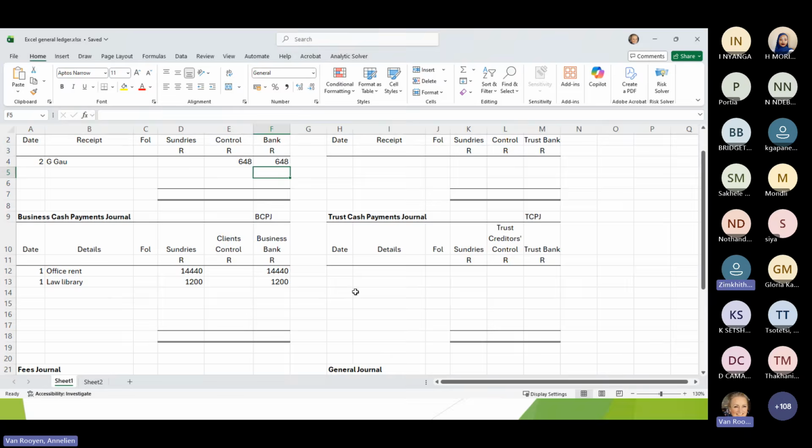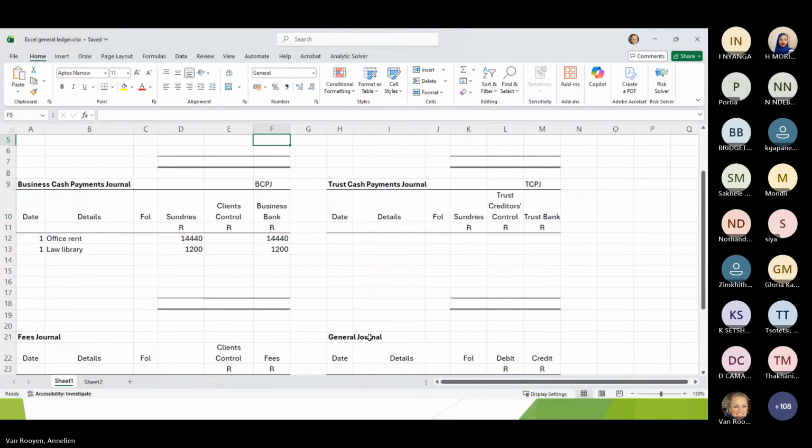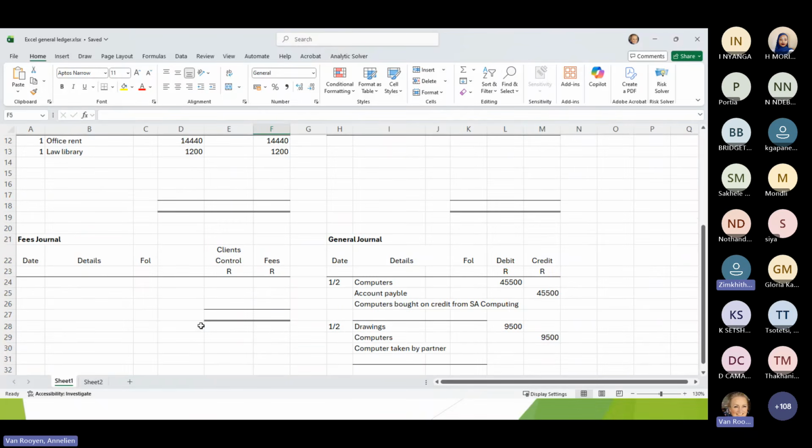Is it the fees journal? Yes, everybody happy? Fees journal. Great. So this was on the 5th. We can say 5-2.